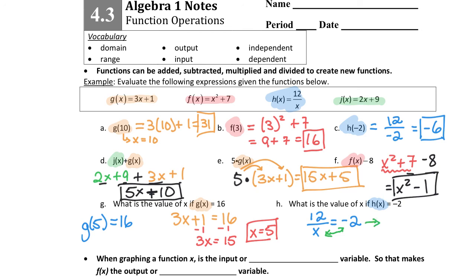There are some other steps going on there, but this is the shortcut. So I can just switch these around. 12 divided by -2 equals x, and so my x equals -6. And we can check that if I substitute that back in here, 12 divided by -6 does indeed give me -2.